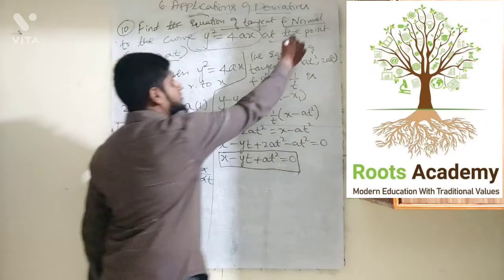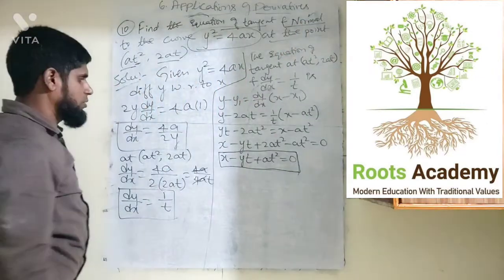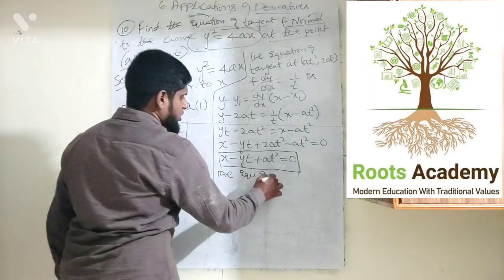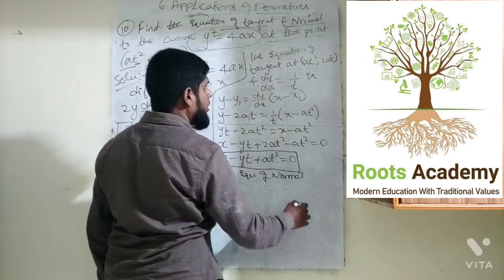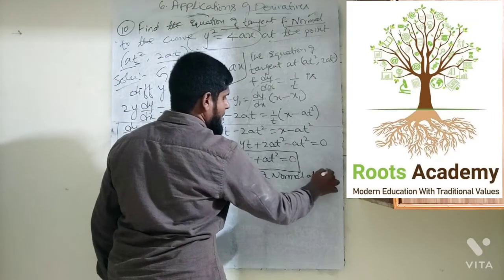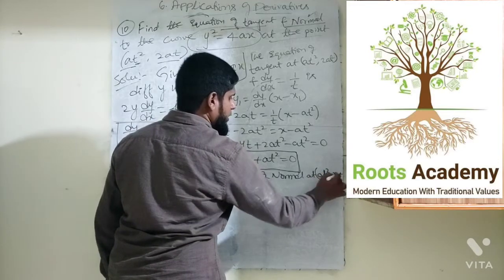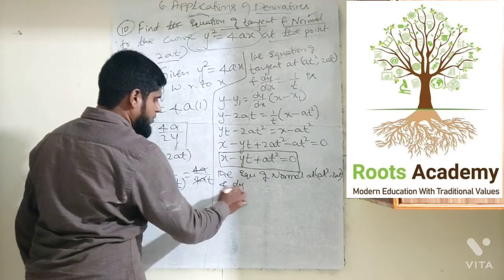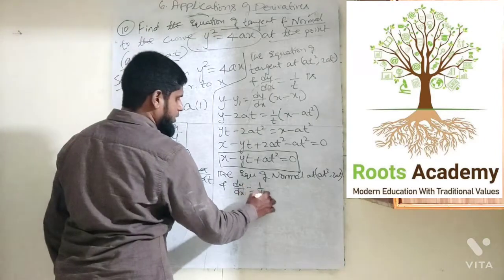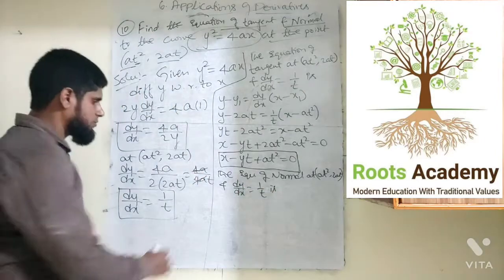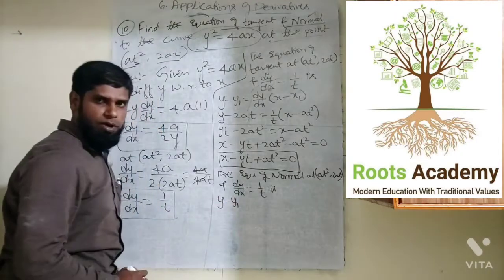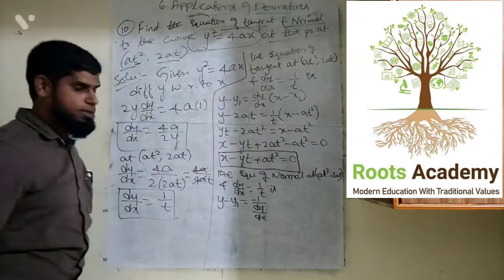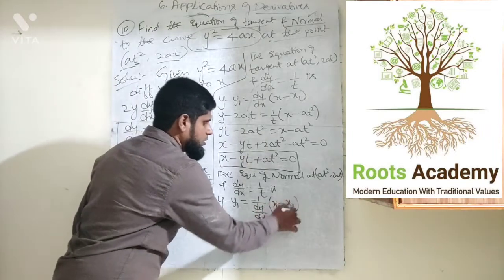Let us find equation of normal now. The equation of normal at at square comma 2at and dy by dx is equals to 1 by t is y minus y1 is equals to minus 1 divided by dy by dx into x minus x1.